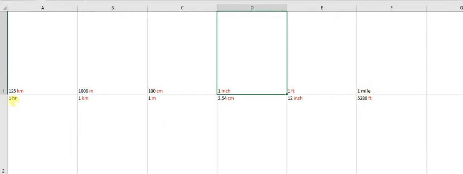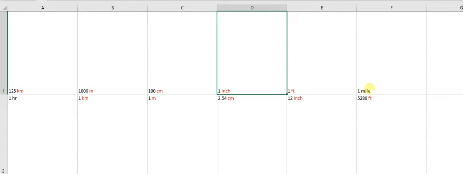And on the bottom, we started with hours, and everything else, kilometers, meters, centimeters, inch, canceled out with something on top. So again, the only thing left on the bottom is hours. We are left with miles per hour. Now we do plug and chug. You're all familiar with plug and chug. We love plug and chug. That is when we take the numbers across the top here, 125 multiplied by 1,000, multiplied by 100, multiplied by 1, multiplied by 1, multiplied by 1, which will give us some number.